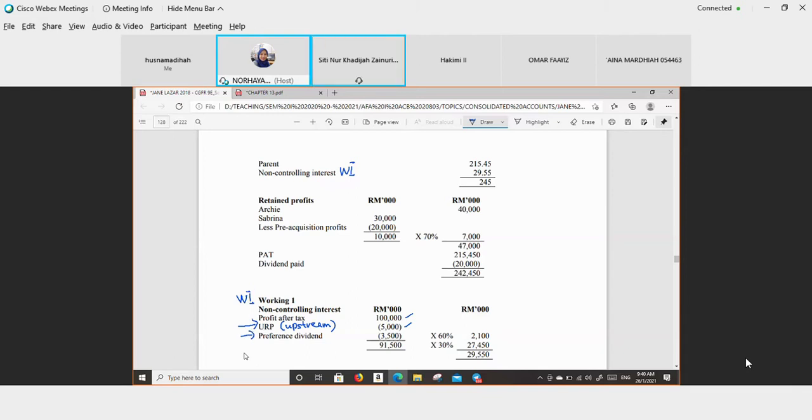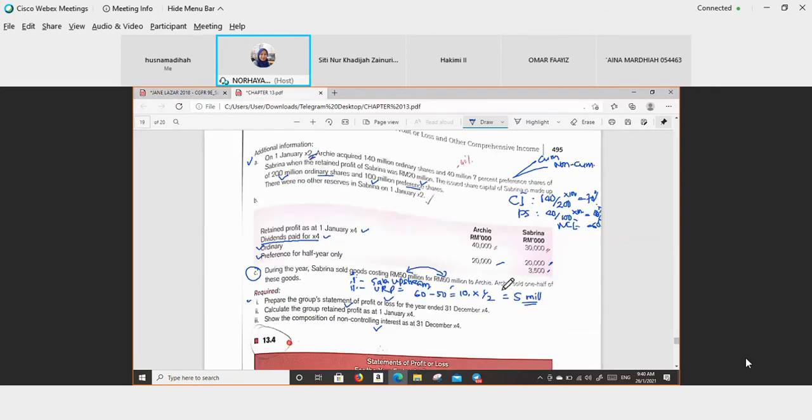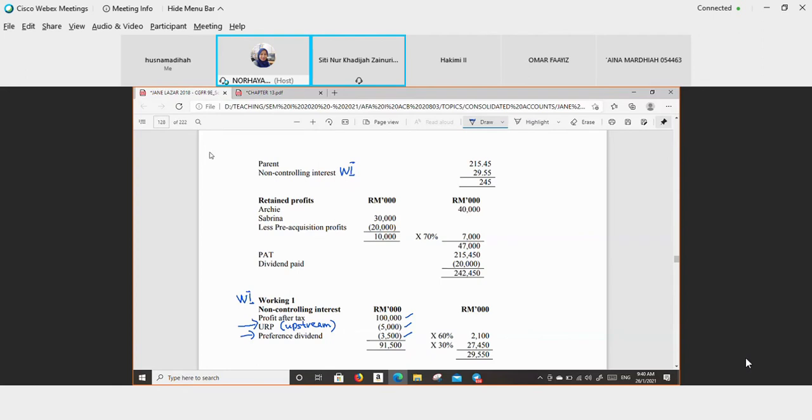Now you minus the preference dividend. So you take from the quick part. Ini you ambil half year je lah exactly because this is non-cumulative. Betul tak? Okay, kalau dia non-cumulative you just take what it is.